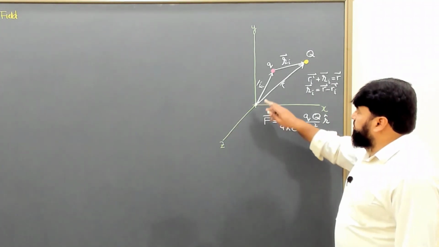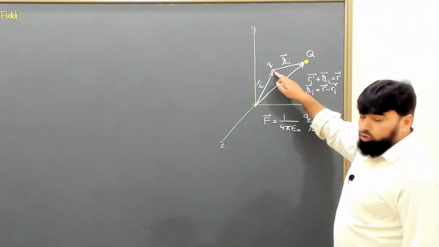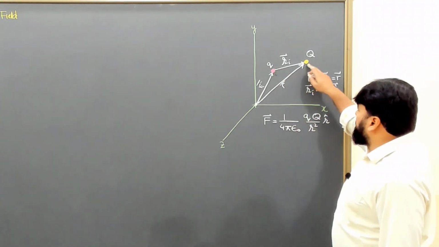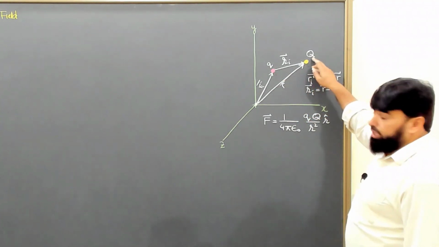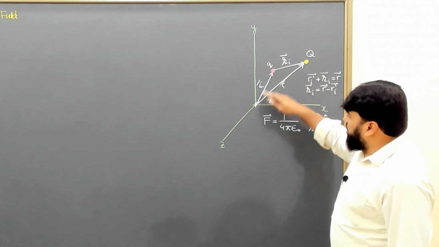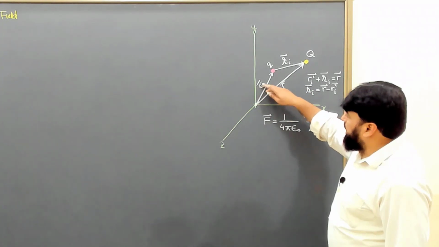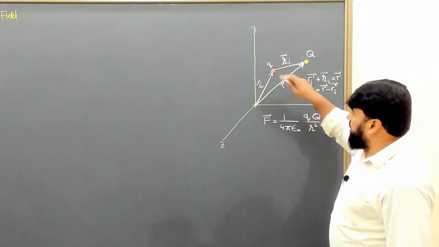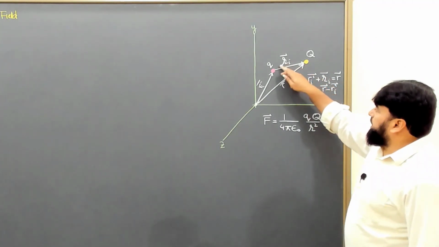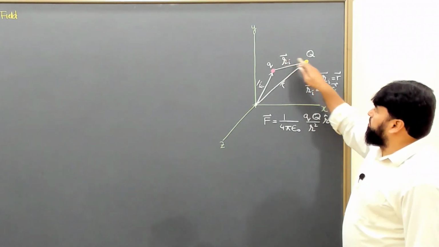As a review, we considered a source charge which we represent with small q and a test charge which we represent with capital Q. Now the source charge is not at the origin, but it is at Ri prime distance from the origin, while the test charge is at R from here.